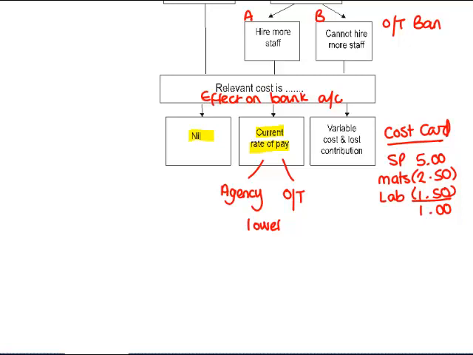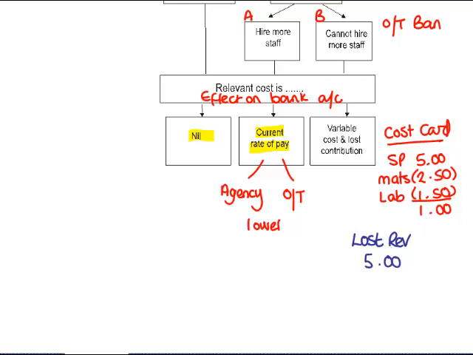Now, assuming that the same amount of labour is required for both, what's going to be the effect on my bank account if I stop making raspberry jam and I move my labour force into making lemon curd? Well, the first thing that's going to happen is I'm going to have some lost revenue. And the lost revenue is going to be £5 for each jar that I don't sell of my raspberry jam.